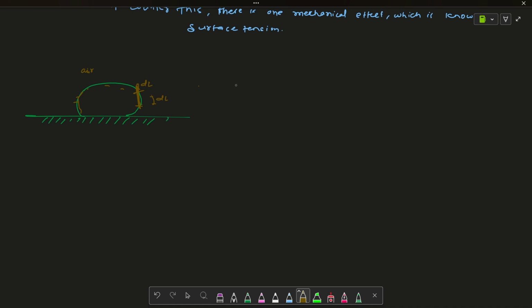When you cut this, equal and opposite forces of magnitude gamma dl are exposed, normal to the cut and parallel to the surface, where gamma is the coefficient of surface tension.